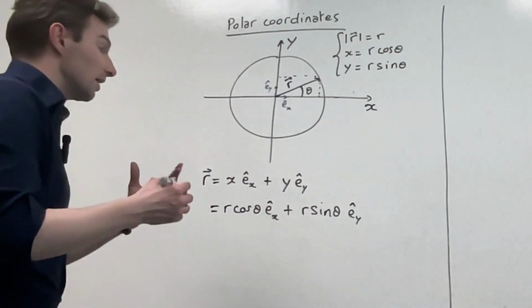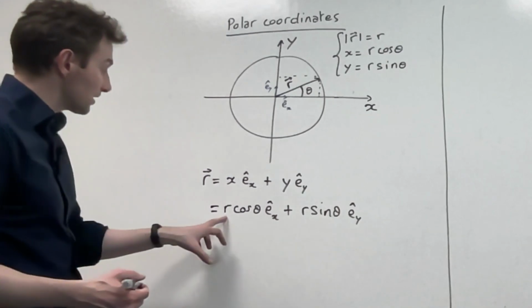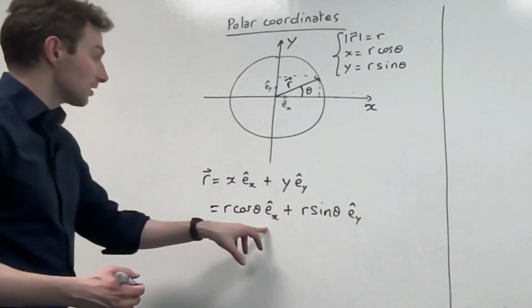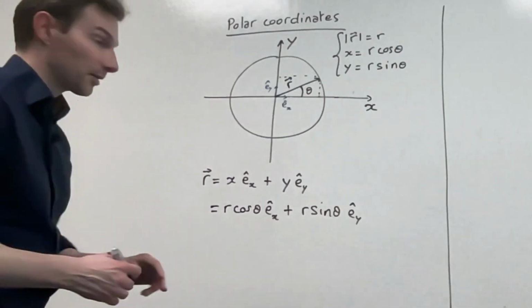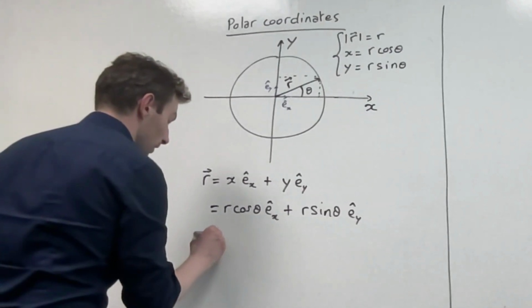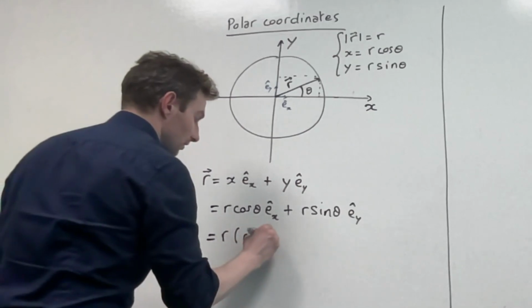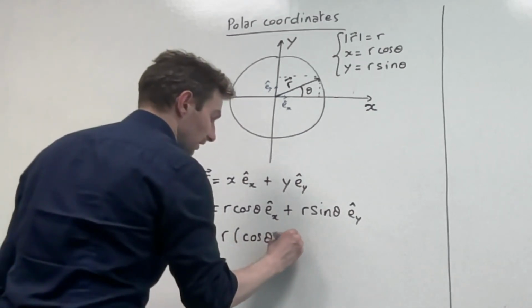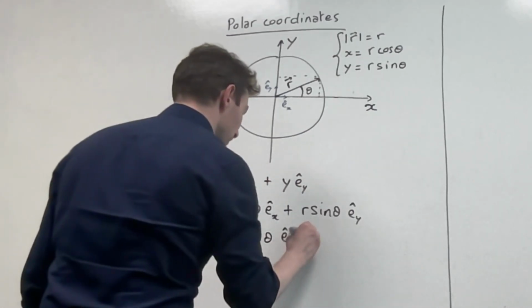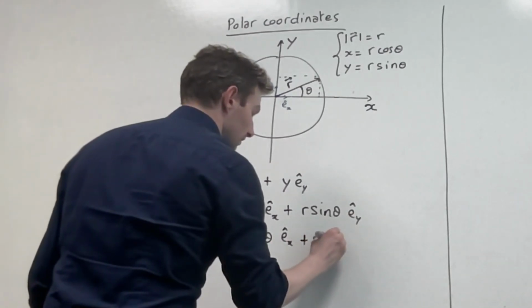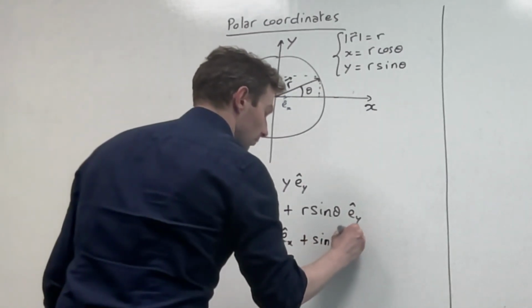Okay. Now, what you can do and notice here is that you can factorize by r. So you can factorize by r, and actually notice that you can write cosine theta ex plus sine theta ey.